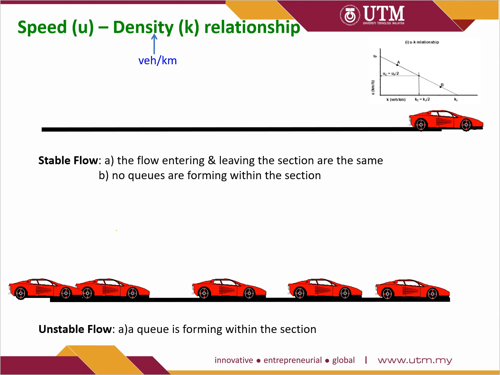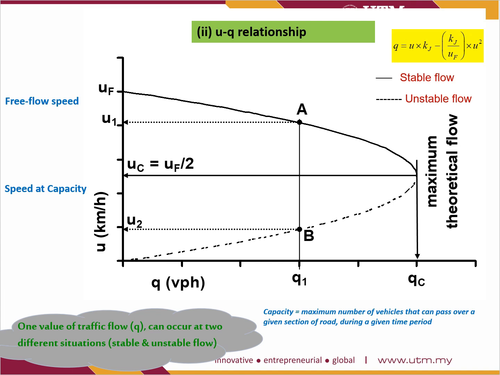All right, the next one will be the UQ relationship, which is the speed versus the flow rate. If you take a look at the formula, it's Q equals U times Kj minus Kj over Uf times U squared. You can see this U squared here, so automatically it is a parabolic graph.